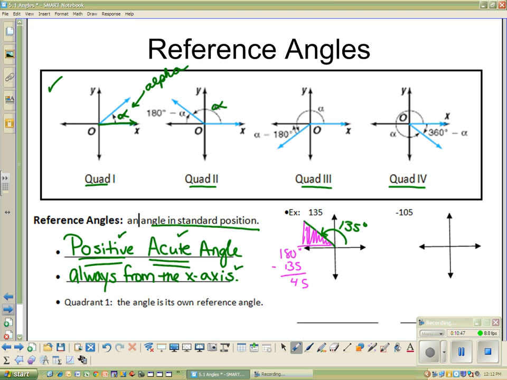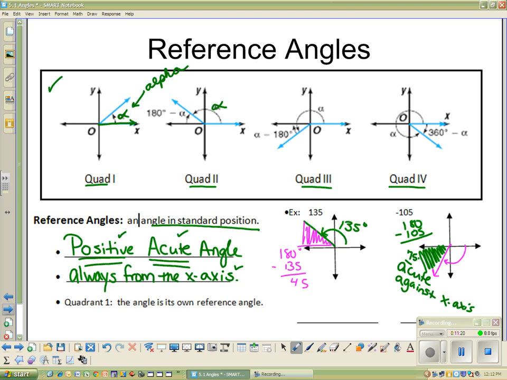Negative 105, now this one's going to be a little bit different. Negative 105 is just barely past negative 90 degrees, and finishes right down here. Its reference angle is going to be represented by this acute angle. So notice it's acute, and it's against the x-axis. The way I find that amount, I'm going to take 180 and subtract 105, and it will tell me that this amount is 75 degrees.